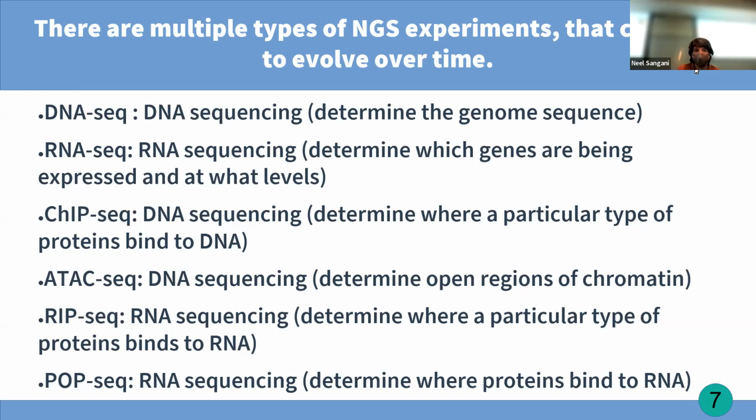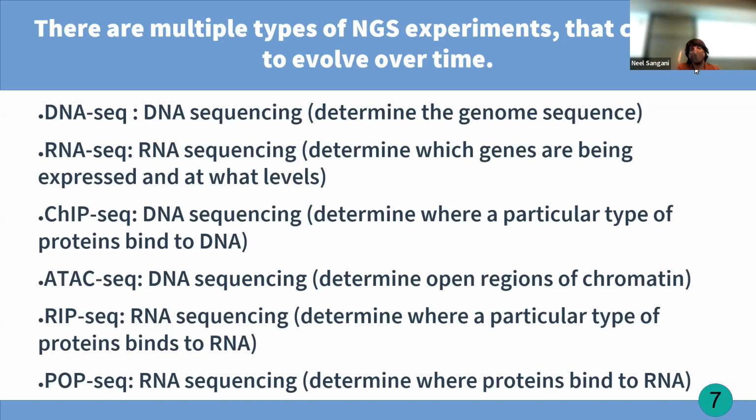So RIP-seq is like the cousin to ChIP-seq. Instead of seeing where proteins are bound to DNA, you can see where a particular type of protein is bound to RNA.